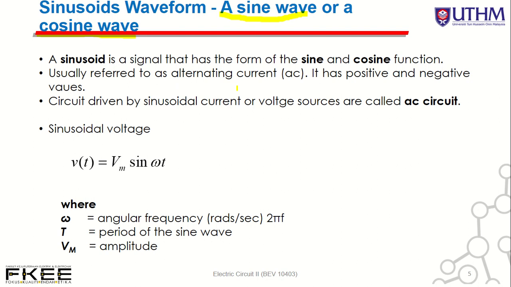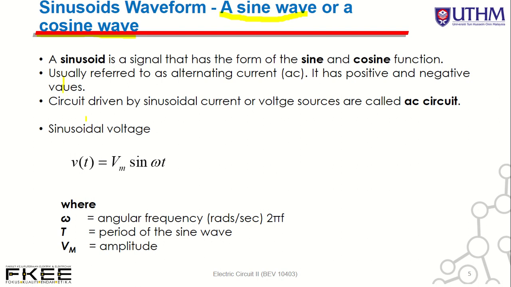Okay, previously you already discussed about DC current or DC circuit. So in this chapter we will discuss about alternating current or AC circuit. So of course, in AC circuit, it has positive and negative values.